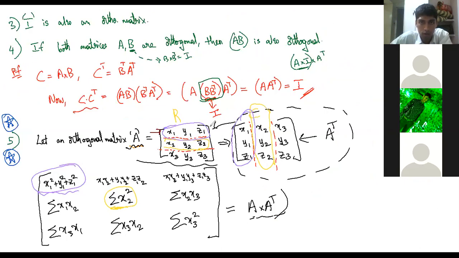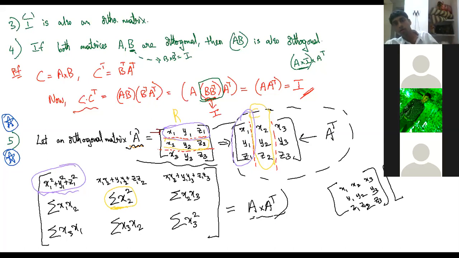Okay. ये matrix यहाँ, ये matrix यहाँ. x1, x2, x3, y1, y2, y3, z1, z2, z3 into x1, x2, x3, y1, y2, y3, z1, z2, z3.